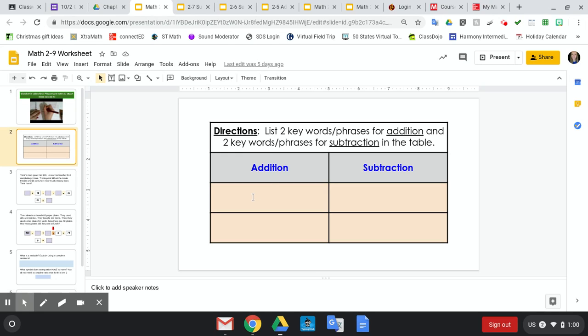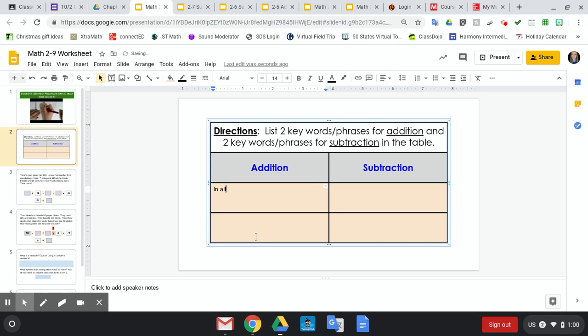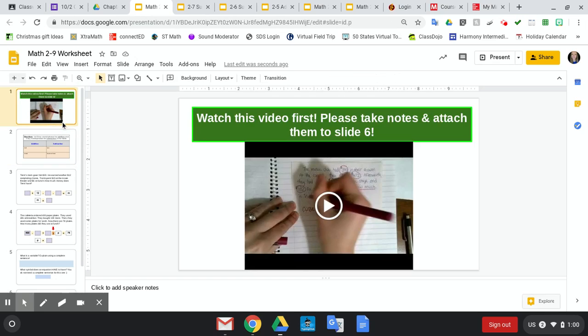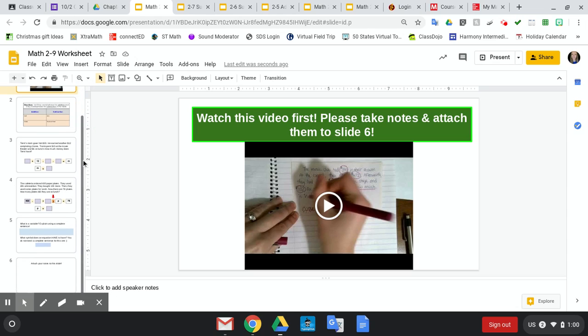So words like in all or in total mean that we're going to add. Words like less or how much more are going to show us that we need to subtract. Make sure you watch this video from Lesson 9 to know what other key terms can help you with word problems.